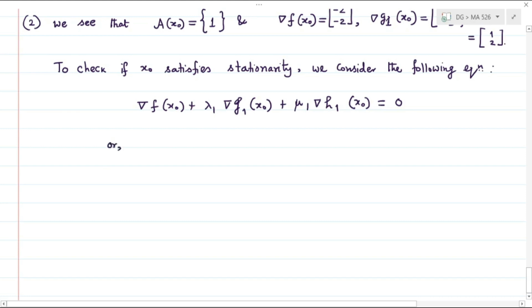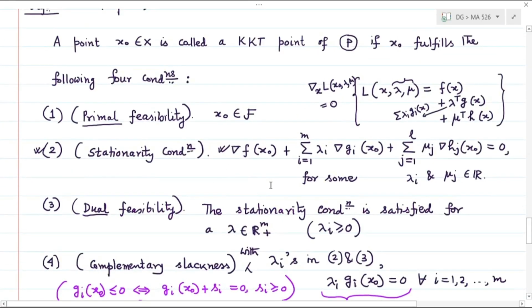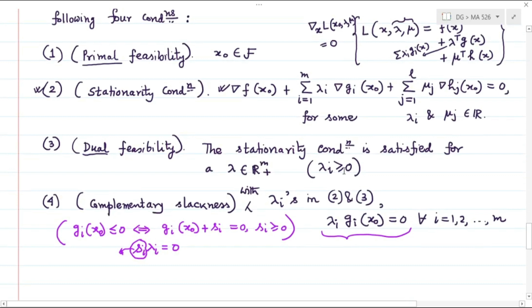Here the variables are lambda 1 and mu 1, and we are searching for specific values such that this is satisfied, as well as dual feasibility, that means the lambda i's are greater than or equal to 0. Along with dual feasibility, the lambda i values must also satisfy complementary slackness, that lambda i times gi(x0) is equal to 0.